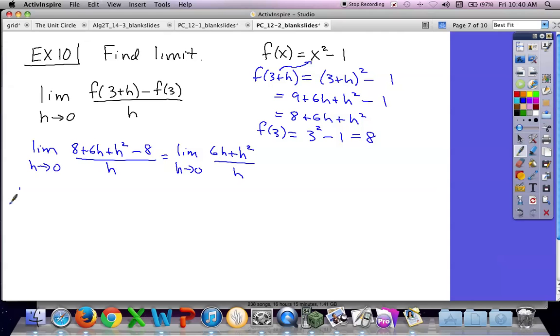There's a common factor of h in both terms in the numerator. If it helps, you could write it like this. The limit as h approaches 0 of h times 6 plus h divided by h. Right? And then the h's cancel. So that is the limit as h approaches 0 of 6 plus h.